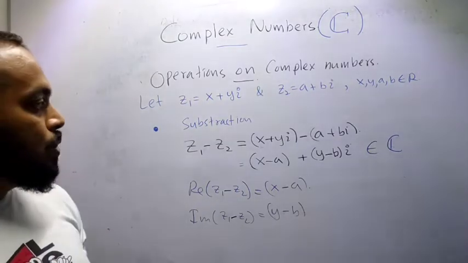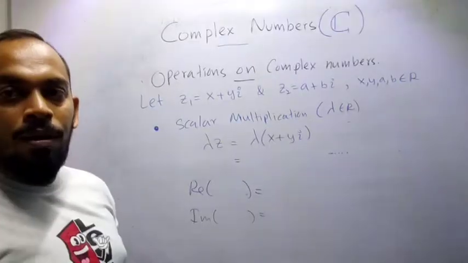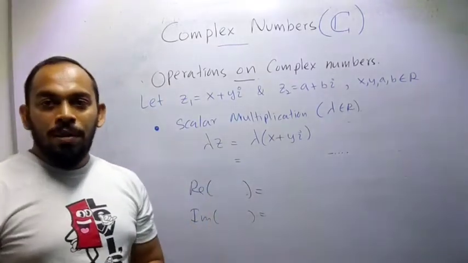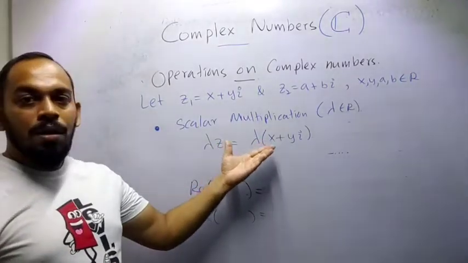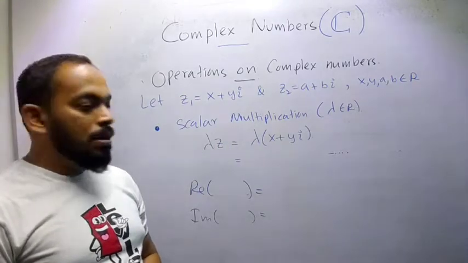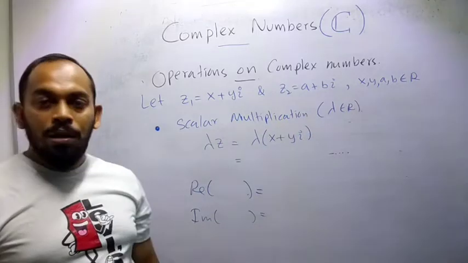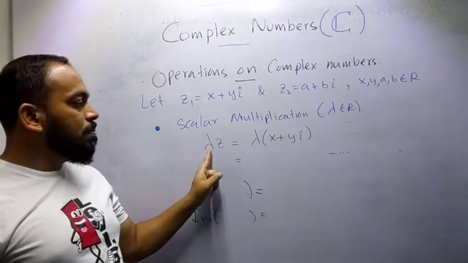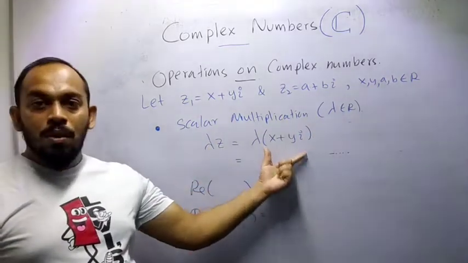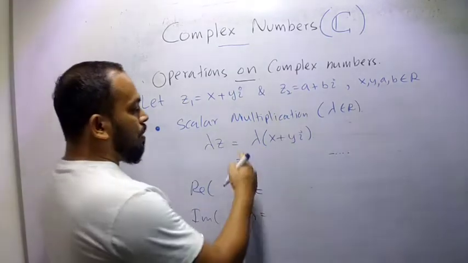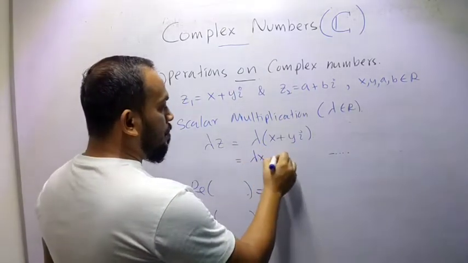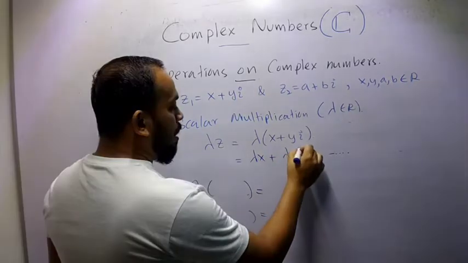Now we'll look into scalar multiplication. Right. So just like with scalar multiplication of vectors, we can define scalar multiplication of complex numbers. So let's take lambda being a real number. If you multiply z by lambda, this is the operation. So I can just multiply out: lambda x plus lambda y times i.